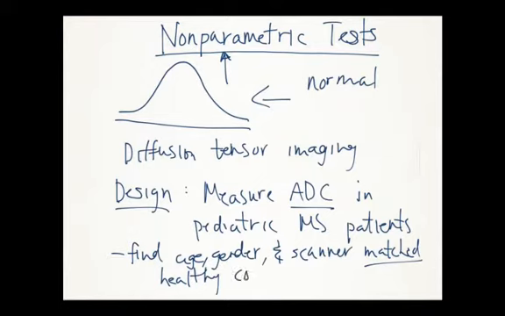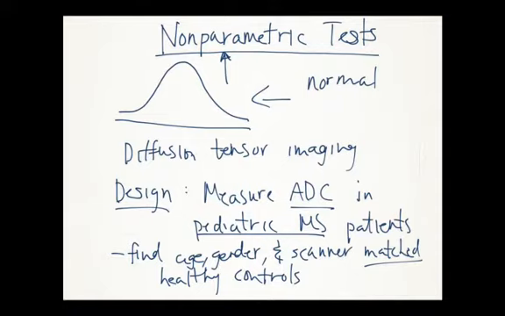Before we had just talked about taking random samples of certain populations. In this study, however, we're talking about doing some matching. So we find cases, these are the children with MS, and then we find age, gender, and scanner matched healthy controls. Then we compare the difference between the MS patients and the healthy controls.